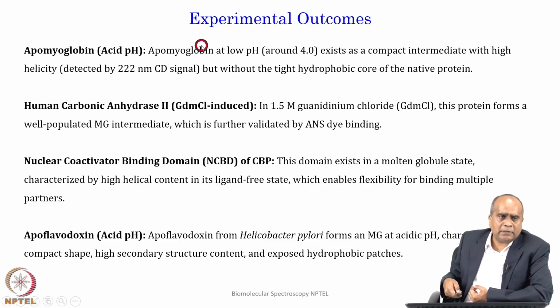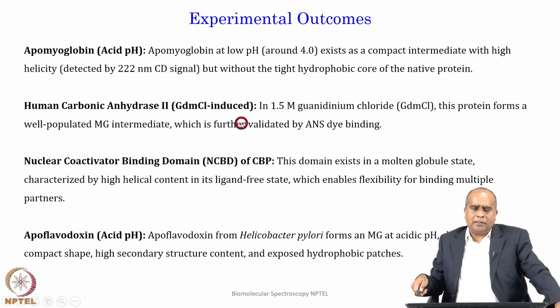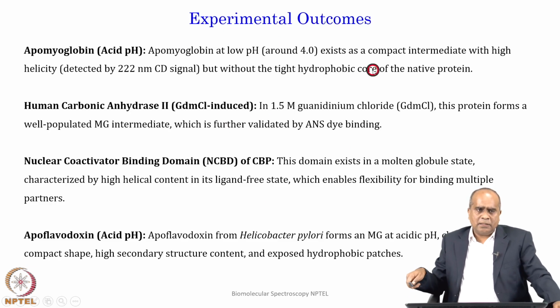Another protein, human carbonic anhydrase at 1.5 M guanidinium hydrochloride, forms a well populated molten globule state, and that can be validated using ANS dye binding. Another protein, the nuclear coactivator binding domain, NCBD, again populates the molten globule state with high helical content in its ligand free form and enables flexibility for multiple partners.